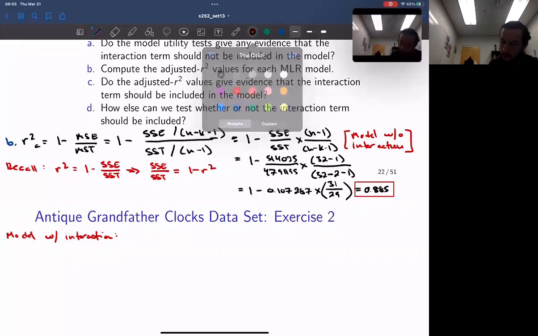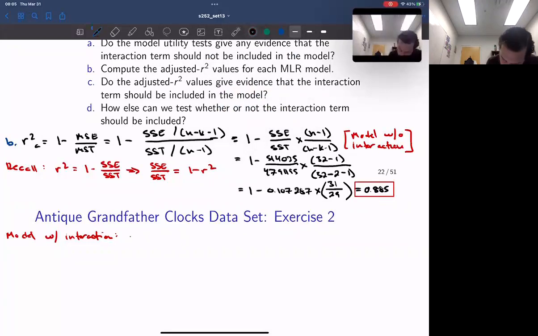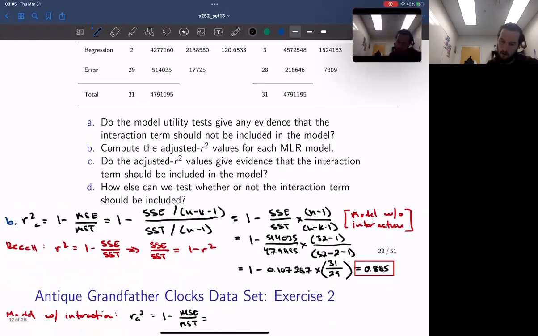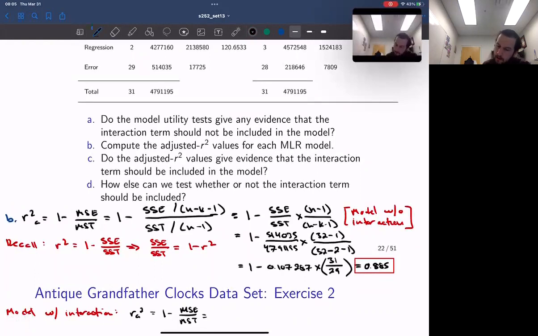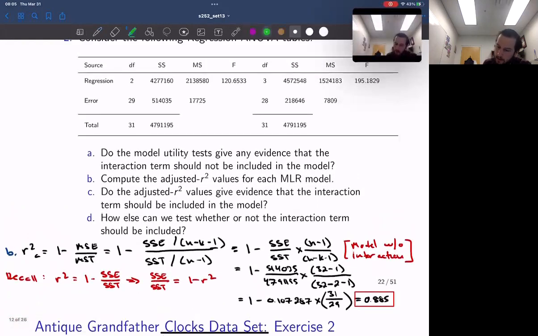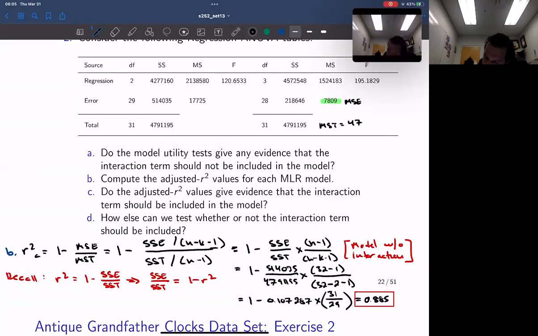All right, so let's do this in the traditional way just so that we have an example of both. The adjusted R squared is 1 minus the MSE over the MST. Our MSE for the model with interaction is given right here, and then the MST we need to calculate. The MST is going to be 4,791,195 divided by 31.